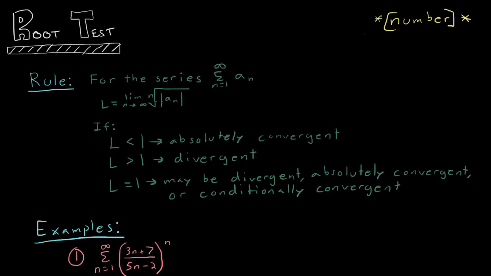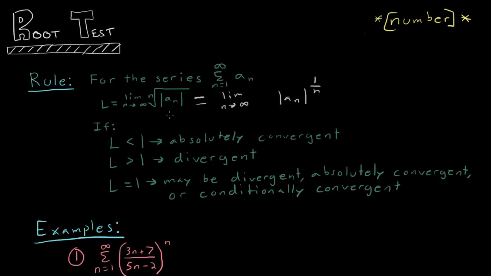So over here I have it as the nth root, which is also the same thing as putting it as the limit as n approaches infinity of the absolute value of a_n, that quantity to the 1 over n, which is how I'll be writing it out. It's a little easier to see.